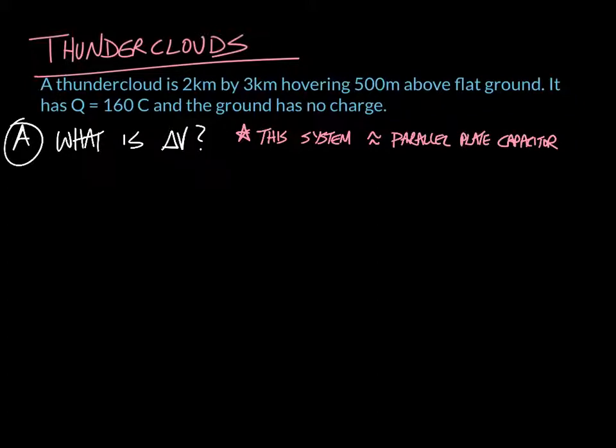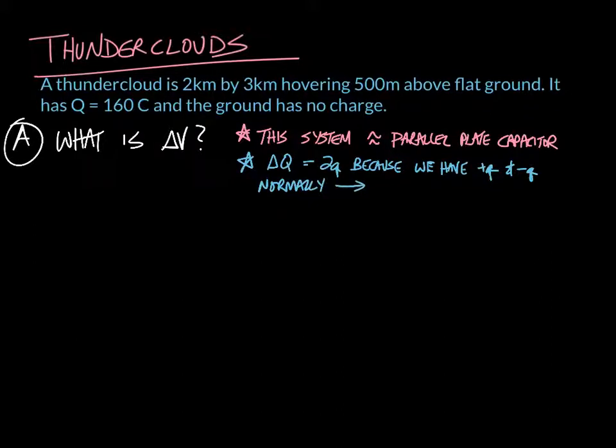So basically, the charge difference, delta Q, is going to equal 2Q because we have plus Q normally on a plate above and a minus Q below normally, which implies a difference of 2Q.